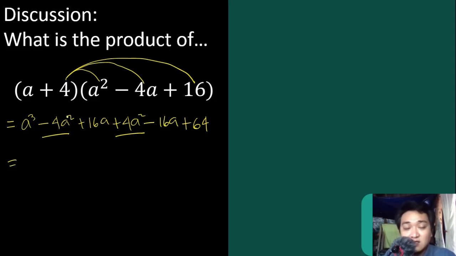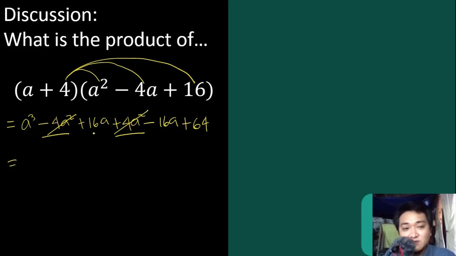And ang ginagawa natin dito, if you have a similar term, yung isa negative, yung isa positive, kinakancel na lang po natin. So in this case we cancel negative 4a squared kasi yung isa positive 4a squared.